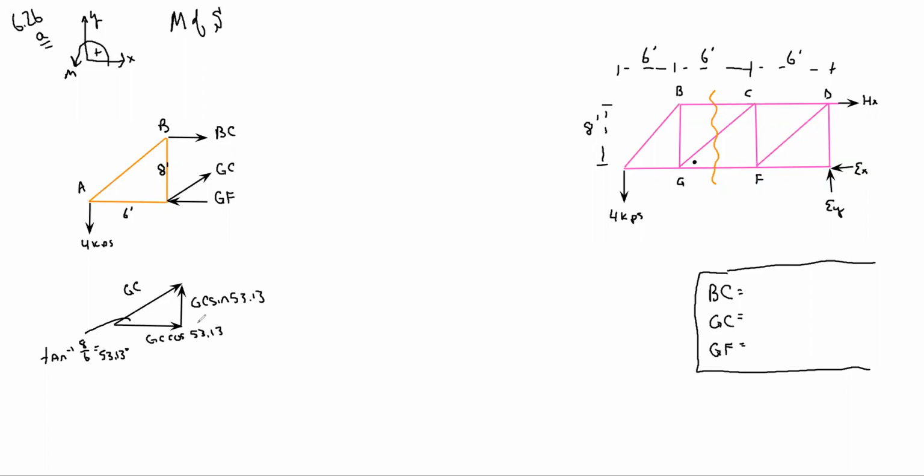I think we're ready to go. Let's take a look at what we've got going on here. There's only one other Y component: the external force at point A, and then the Y component for GC. So we can take the summation of the forces in the Y direction: -4 kips plus GC sine 53.13 is equal to 0.